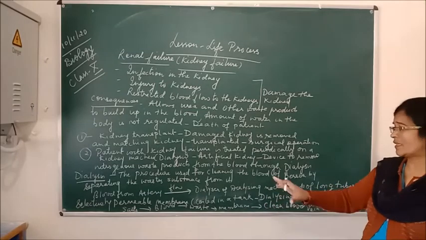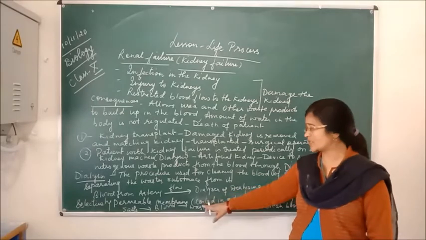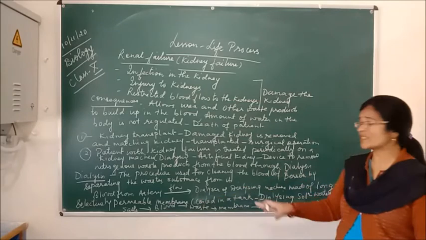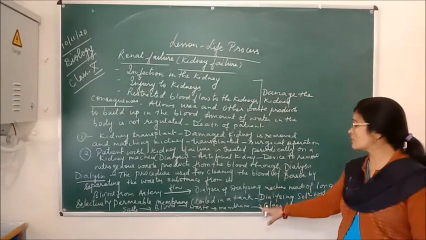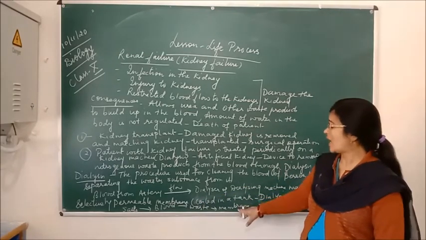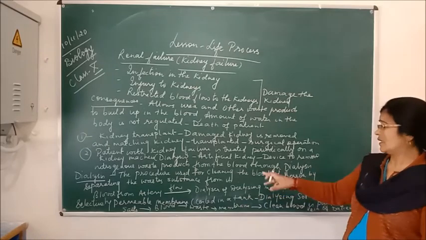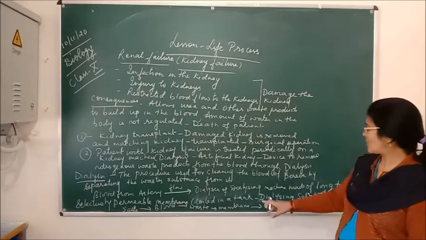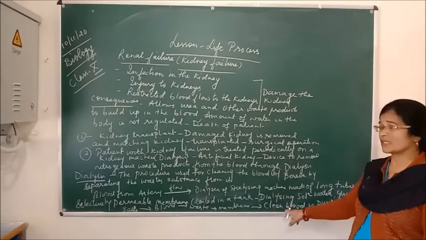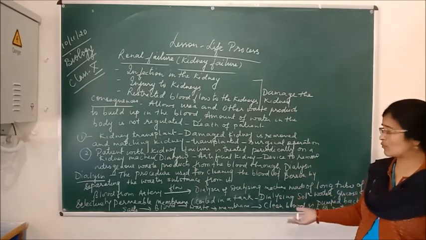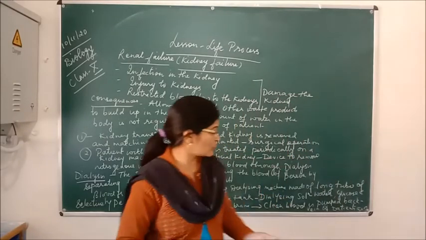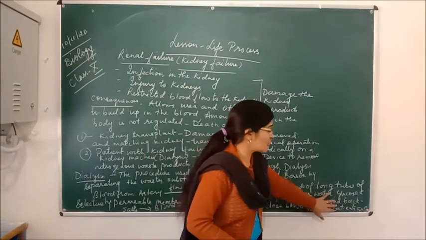When the blood is made to flow from the patient's arm into this dialysing tank, the waste gets removed from the blood and goes through the selectively permeable membrane, and the clean blood is then transported to the veins of the patient's arm.